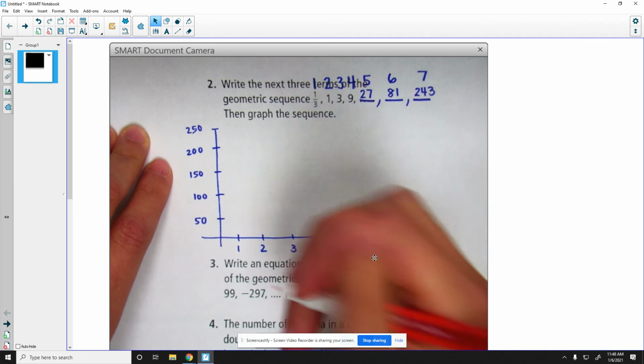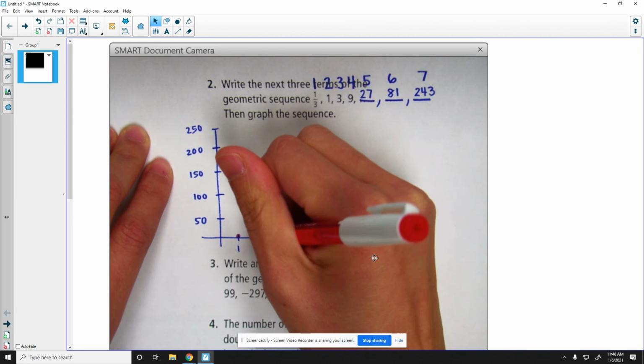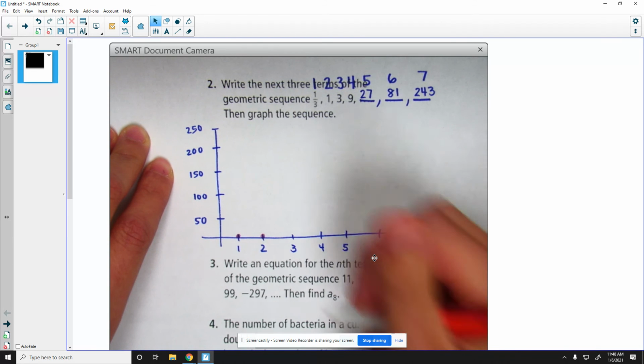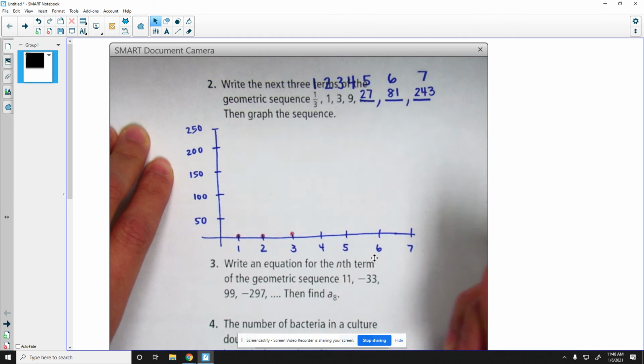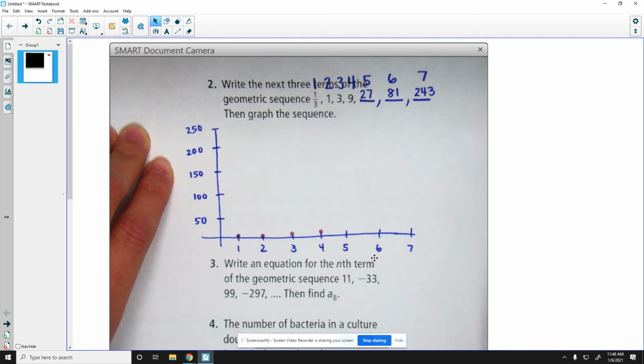Okay, and then let's graph it. So like 1 comma 1/3, that's basically at 0. 2 comma 1, that's basically at 0. 3 comma 3, that's still basically at 0. So you're just estimating where your dots are going to be.